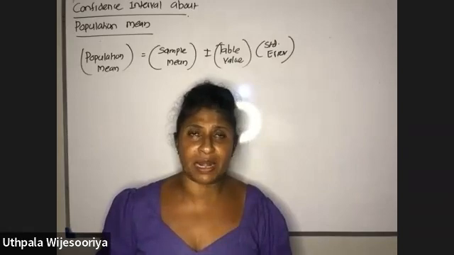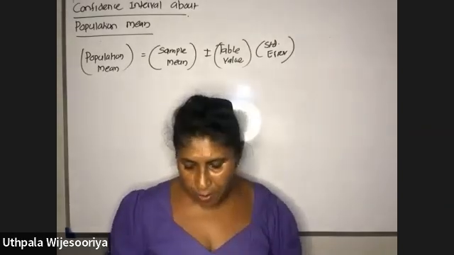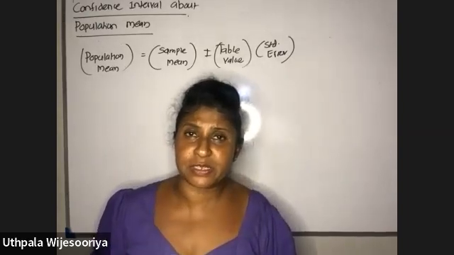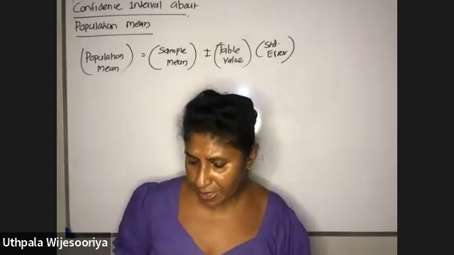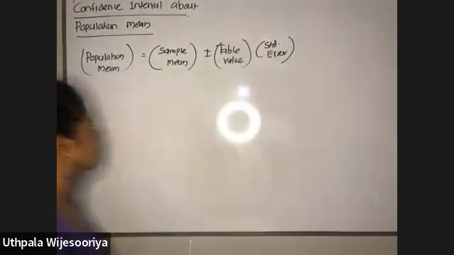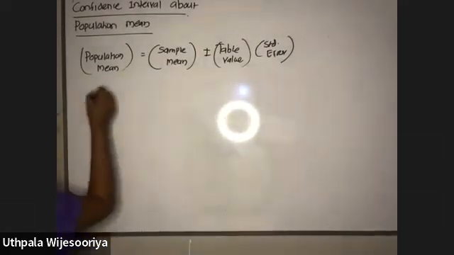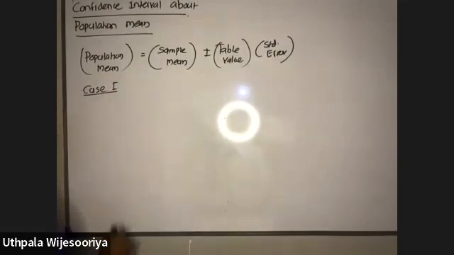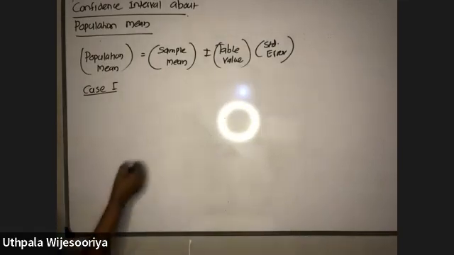What is your case 1? Case number 1: population is normally distributed, population variance is known, for any size of sample. What is that?